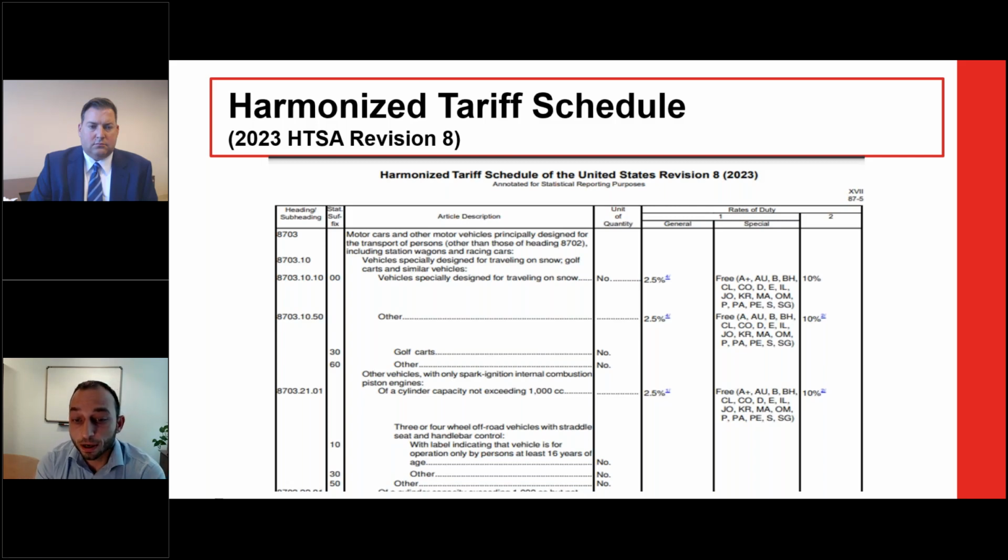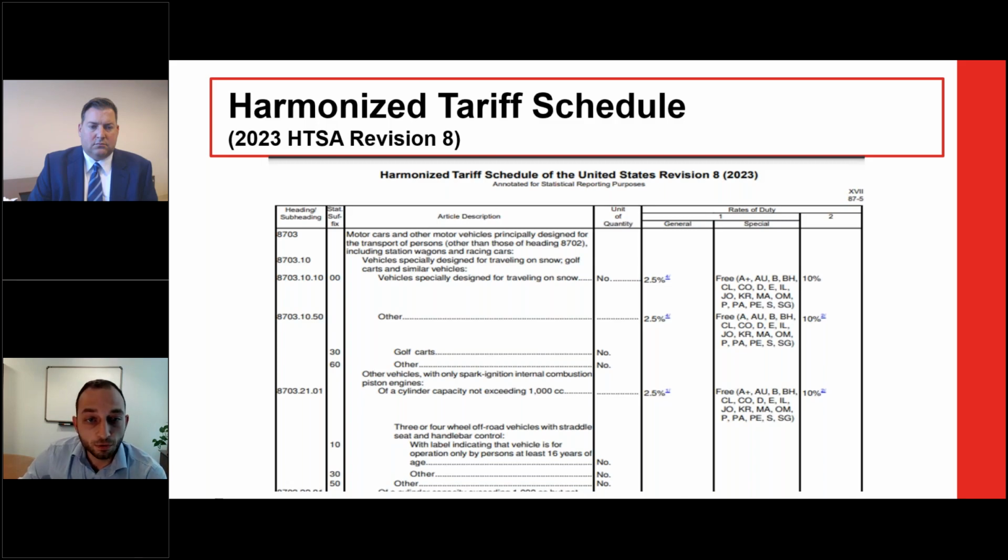Within this column, there are detailed descriptions of goods falling under each heading, subheading, and statistical number. As you will see in the next slide, it's very important to determine that the product you're importing falls under these descriptions, because that's the primary determination you need to make when you're making a classification.